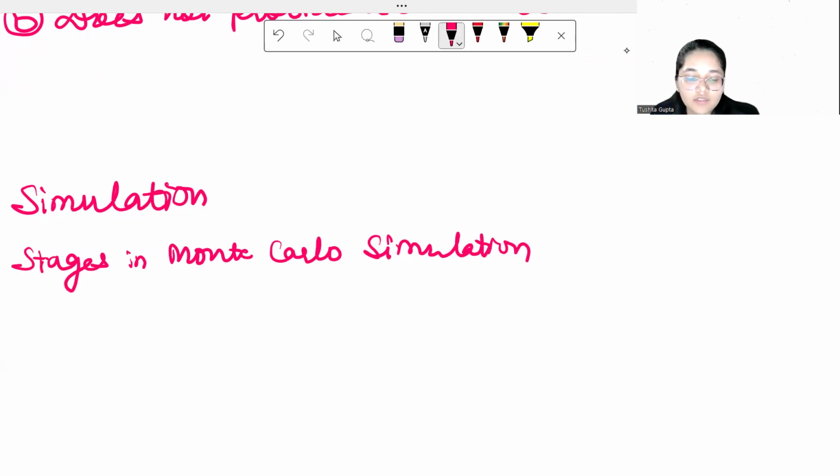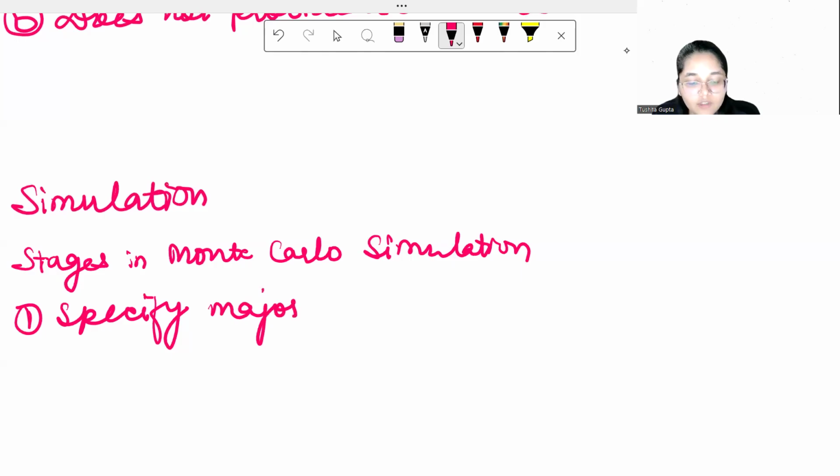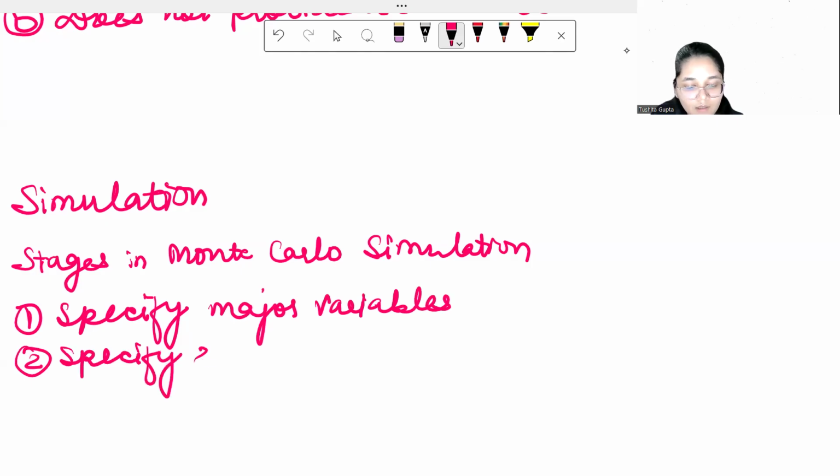All right. So the first step that you're going to do over here is to specify your major variables, which could be cost, which could be revenue, whatever is most important to you. Then the second step is that you specify the relationship between the variables.